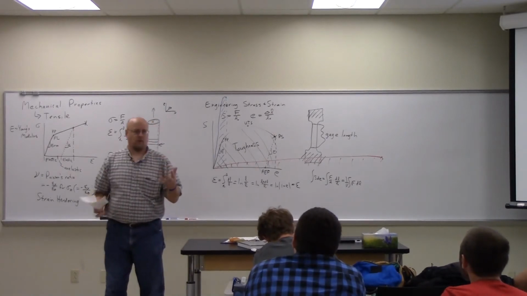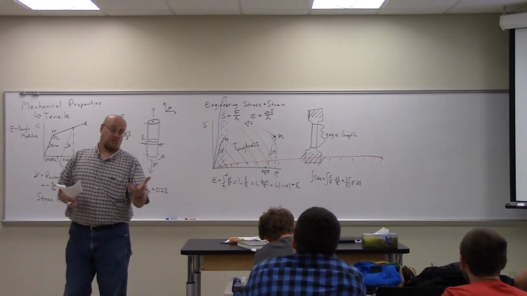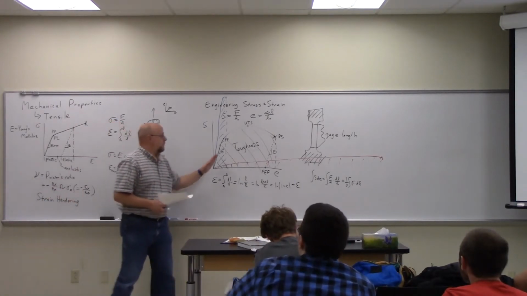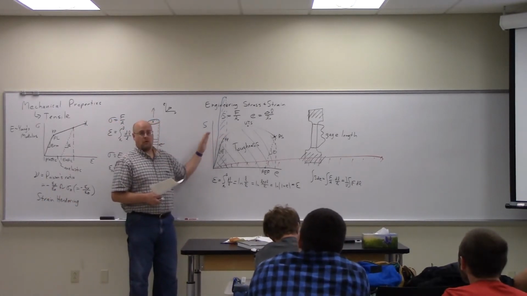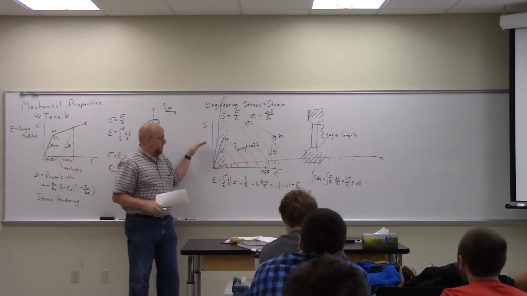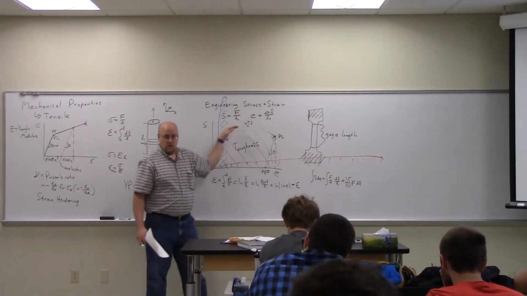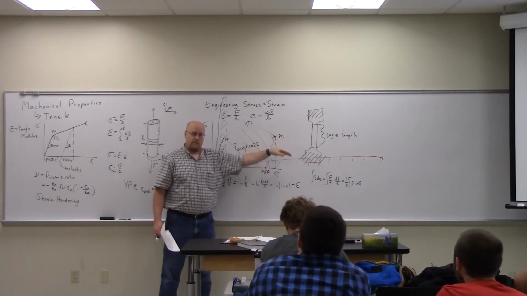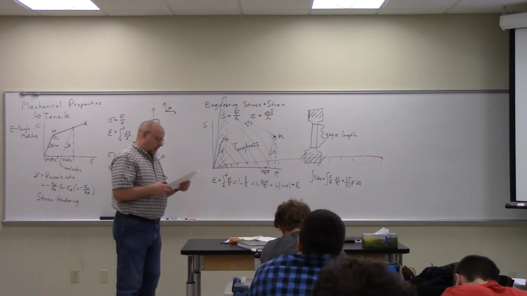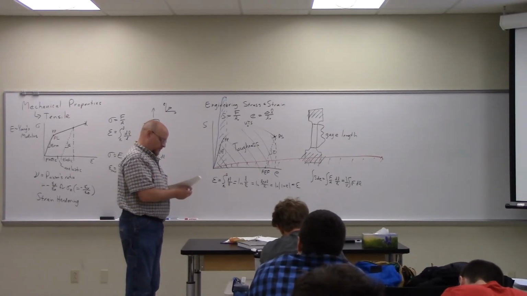So you want to compromise those two. So steel is tough. Because it takes a fair amount of yield strength to yield it. And again, remember I've compressed this graph, so this is actually very wide. Steel will stretch quite a bit before it breaks. Okay. Again, energy per unit volume.